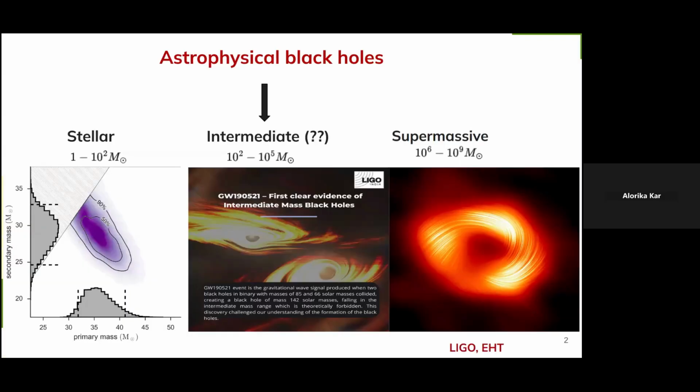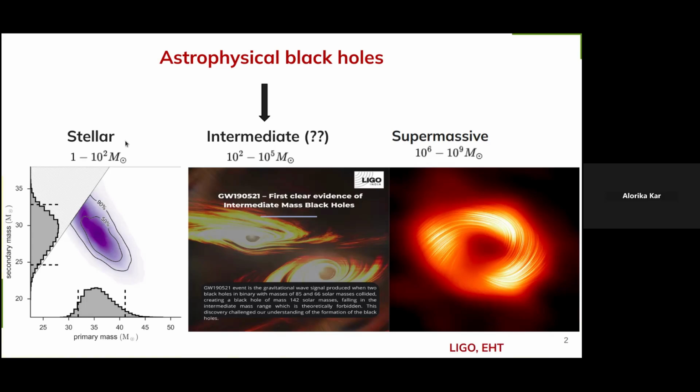So we know that there are various classes of astrophysical black holes which we can distinguish according to their mass ranges. There are stellar mass black holes, which are usually formed from the collapse of massive stars, and for which we have observational signatures from electromagnetic and gravitational wave detectors that are currently observing, like LIGO, Virgo, KAGRA.